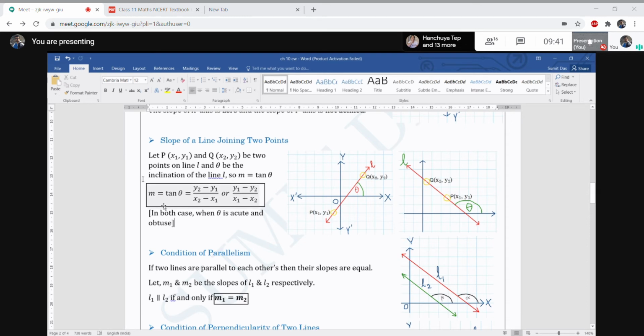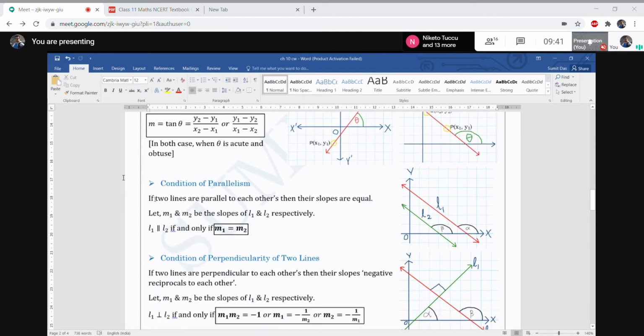Slope is tan theta. But if the question asks for the inclination, what is the angle, then we have to find the theta also. So the slope formula is (y2 minus y1) divided by (x2 minus x1).